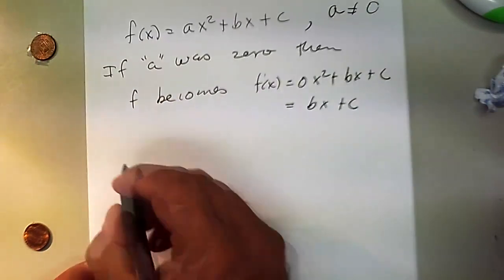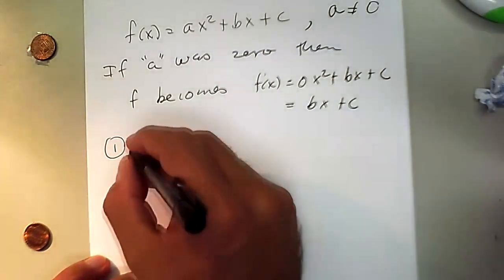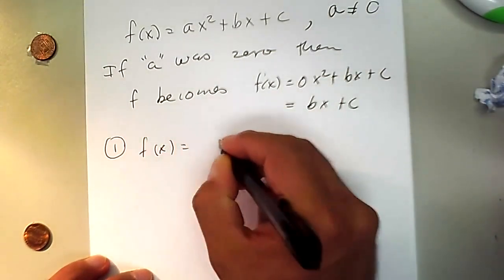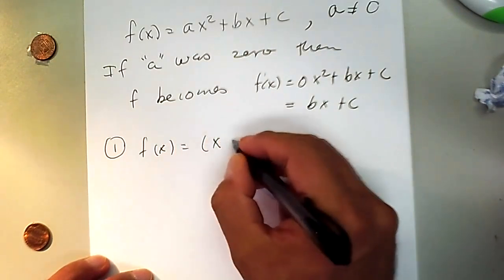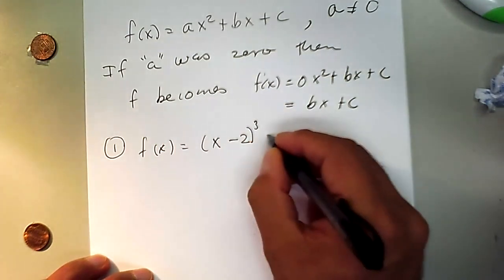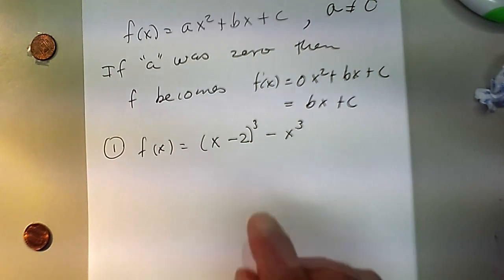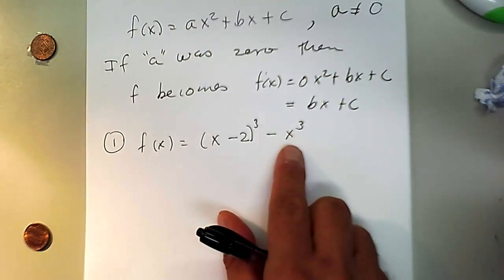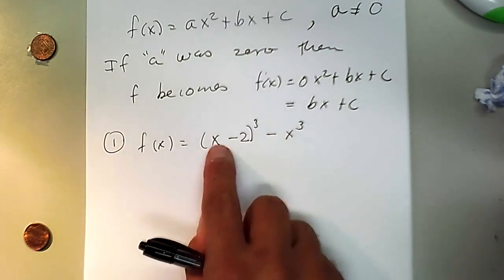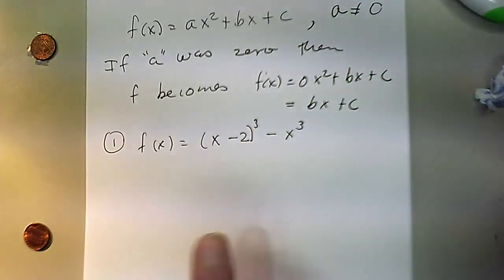So let me give you an example of a disguised quadratic function. Say f of x is, just to give a simple example, x minus 2 cubed, and then we take away x cubed. Some of us might be thinking, hey, there's an x cubed, so this is not quadratic. It would be cubic because of the exponent of 3, but it isn't cubic.